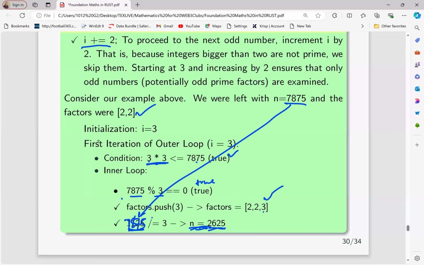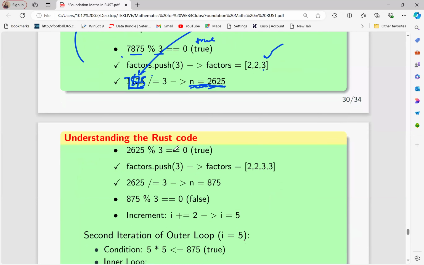We go back to this outer condition, outer loop again, and check whether 3 times 3 is still less than or equal to 26.5. So that one I checked here. And when you find that it's true, you proceed here and check whether this number is divisible by 3.